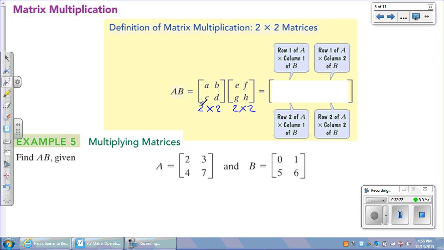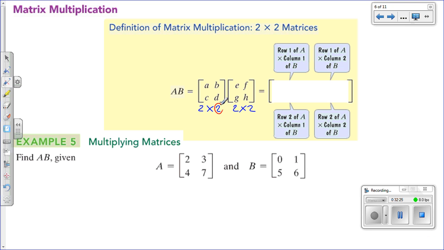And I don't know if you remember this from algebra 1, I'm sorry, algebra 2, but for you to be able to multiply 2 matrices, the number of columns of matrix A needs to match the number of rows of matrix B. And so I used to tell you if those two numbers in the middle are equal, then the product is possible. The resultant matrix is going to have the dimensions that you see here, 2 by 2. So that one, we're talking about 2 square matrices, so of course you can multiply them.